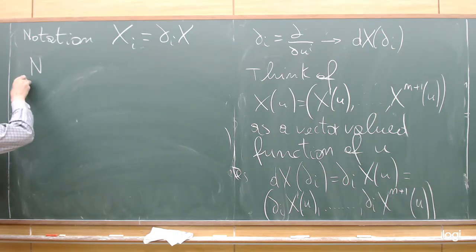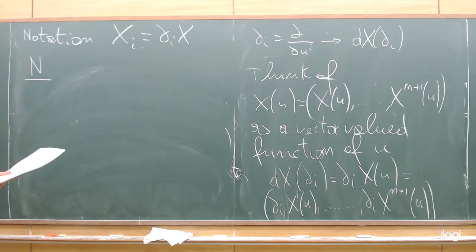So how to construct a unit normal vector field to the submanifold?